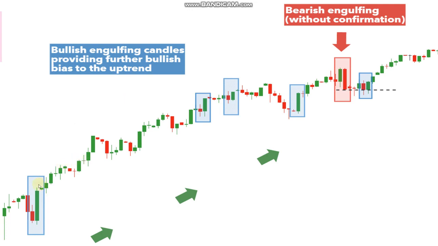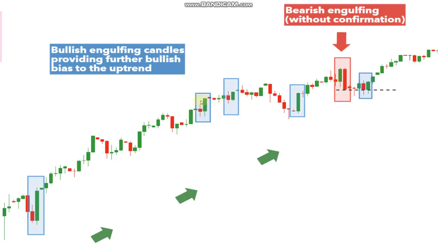Again, you see there was an uptrend. This is a bullish engulfing candle, and this is a bearish engulfing candle or bearish engulfing pattern. This candle has engulfed this whole green candle, so it is a bearish engulfing pattern. These are bullish engulfing patterns where the green candle has engulfed the red candle.